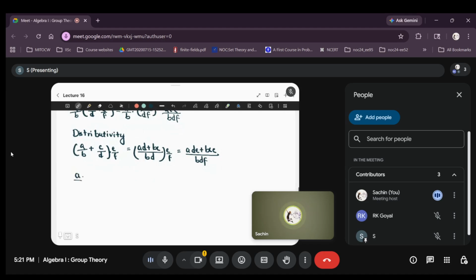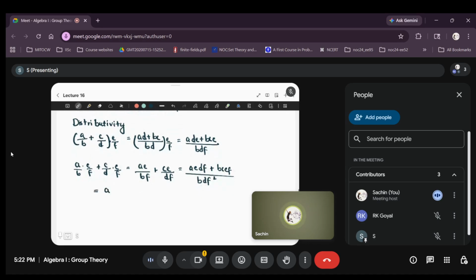On the other hand, a by b into e by f plus c by d into e by f is equal to ae by bf plus ce by df, which is equal to adf plus bcef divided by bdf square.